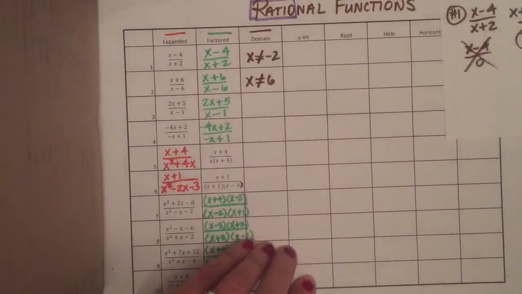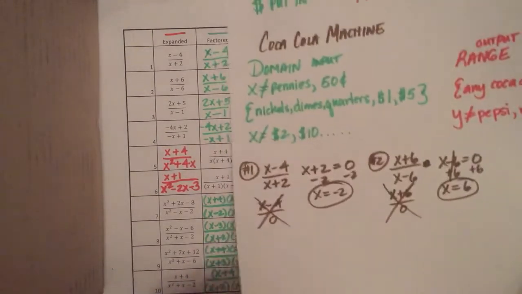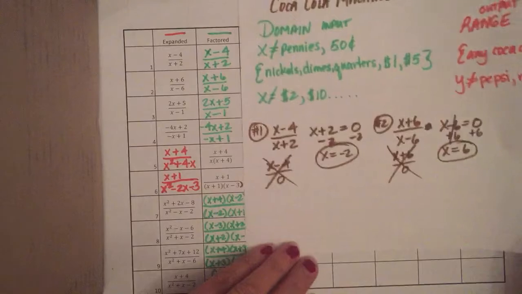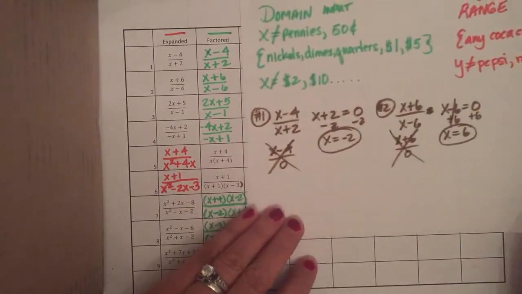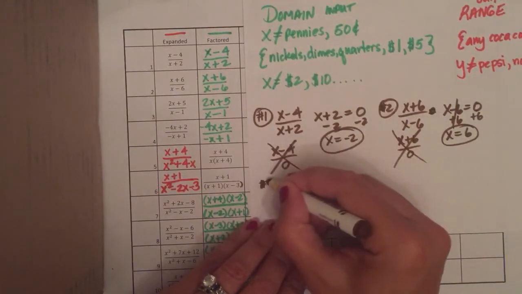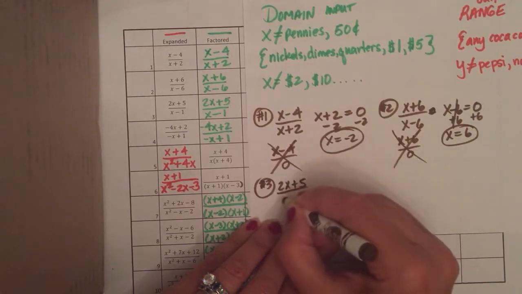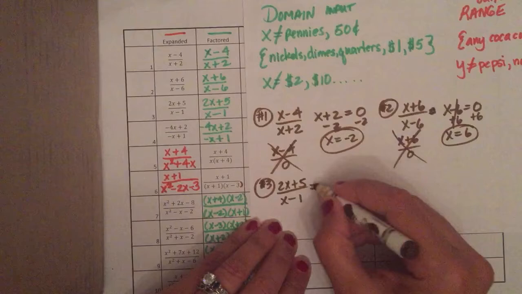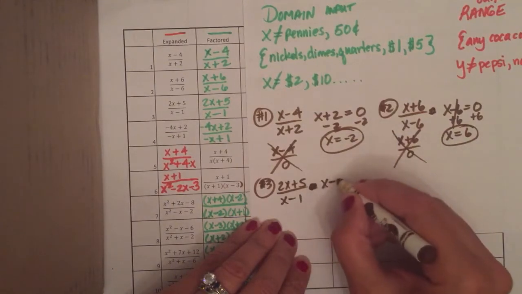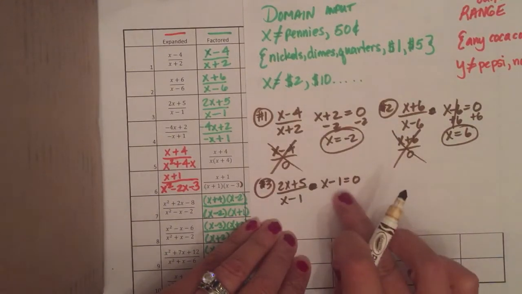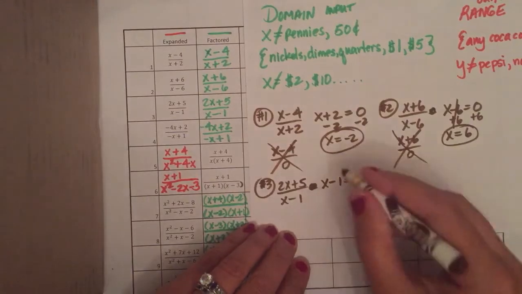So let's look at number 3. On number 3, we have 2x plus 5 over x minus 1. So x minus 1 cannot equal 0. So we're going to find out what it is that makes it 0.